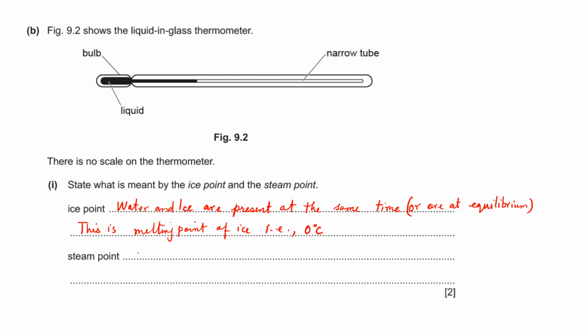Steam point, again, at this point, water and steam are present in equilibrium. Just like the previous case, instead of ice, we have steam. Now this is basically the boiling point of water.